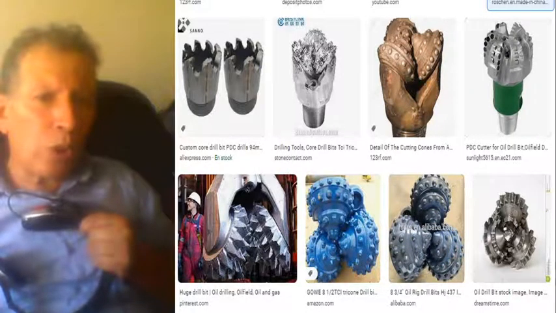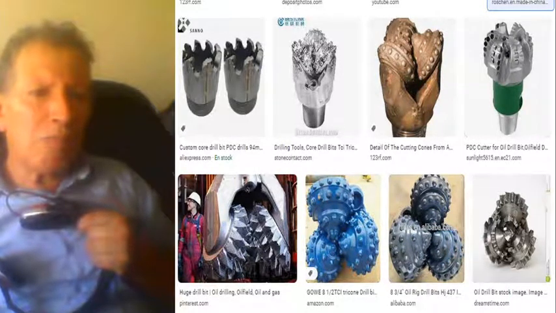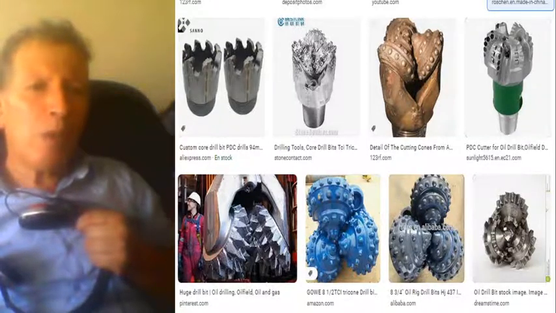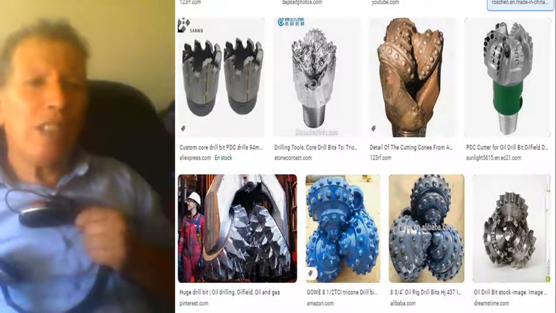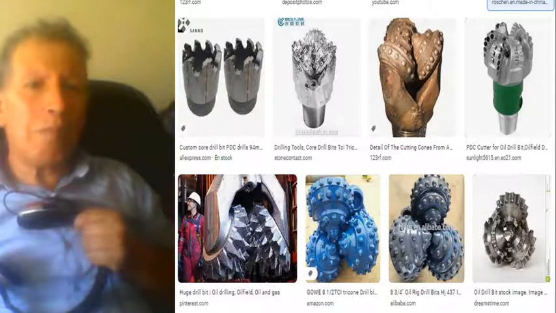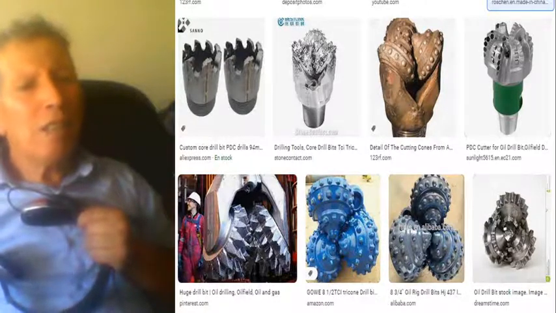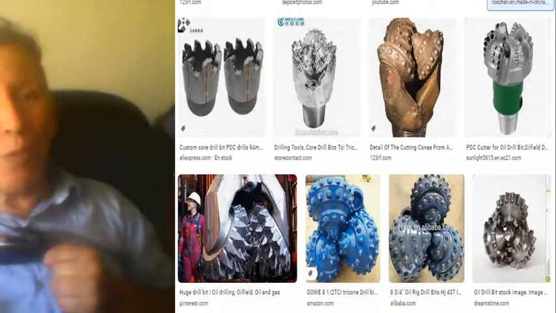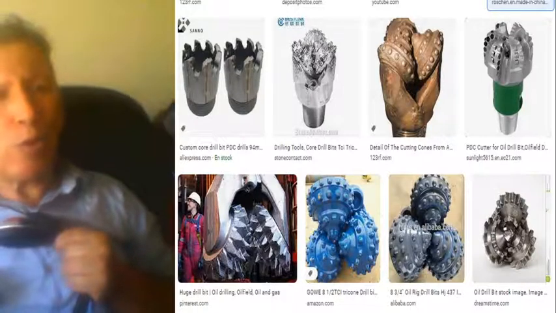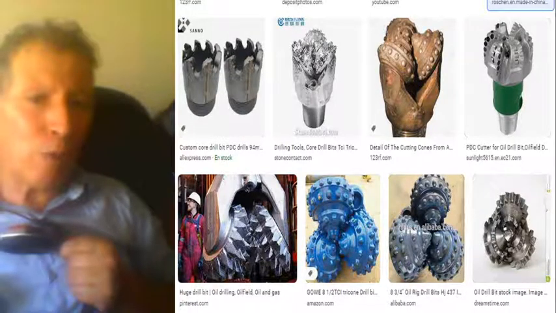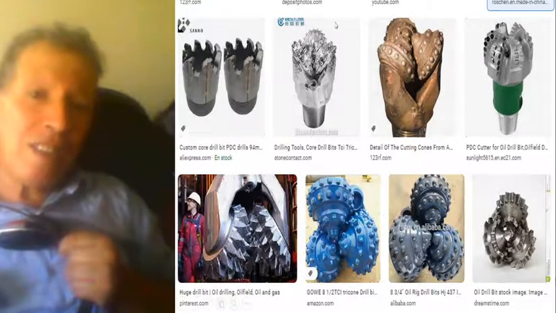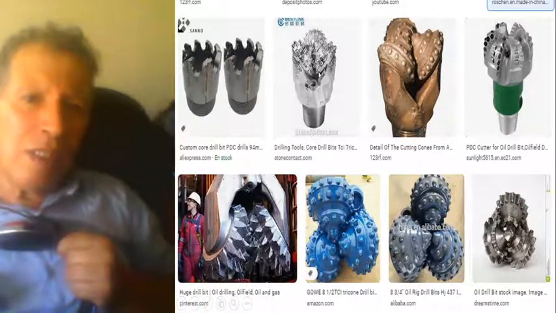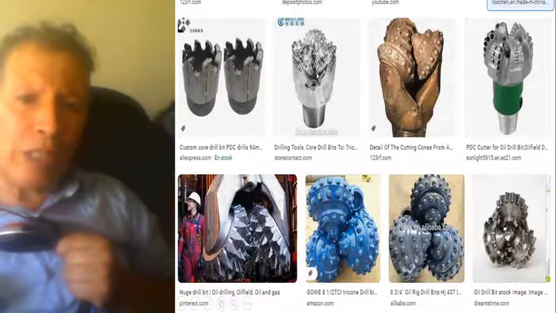These are different drilling bits. This is a core drill bit, which can remove the internal part to make a space for a tube, for when drilling for water or drilling for petroleum. This is a core drilling bit again.